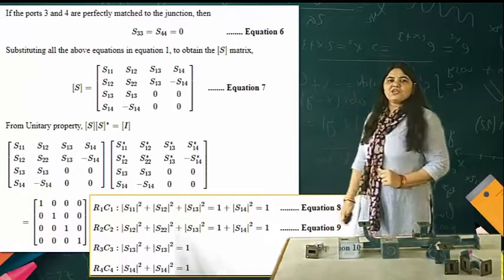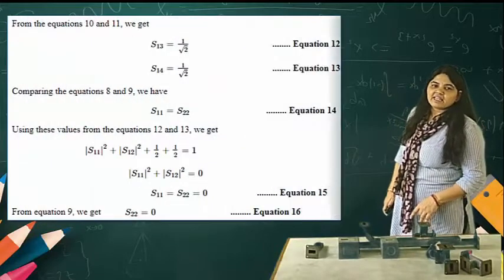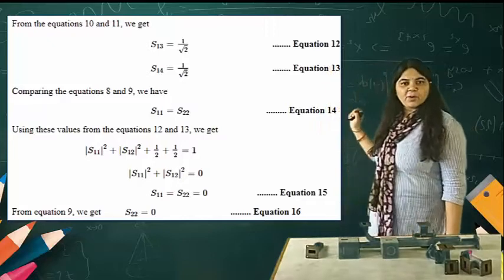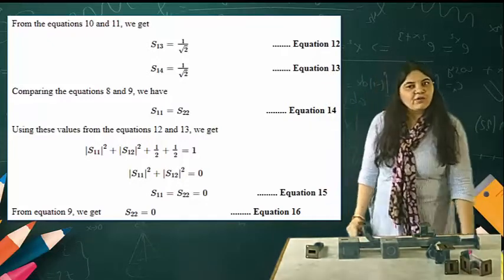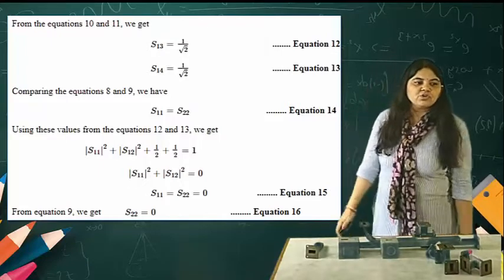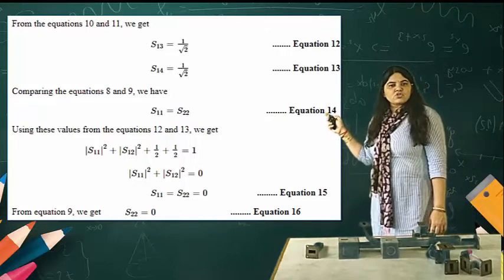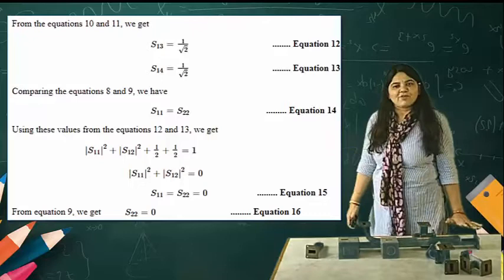This way you can solve it, and after solving that equation, I have the values for all the components. S13 is 1 by root 2, S14 is 1 by root 2, then S11 is equal to S22, and we can have all these values.